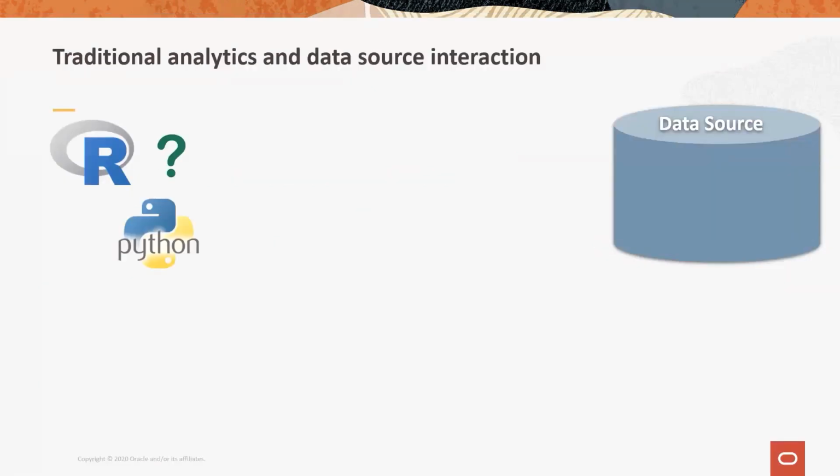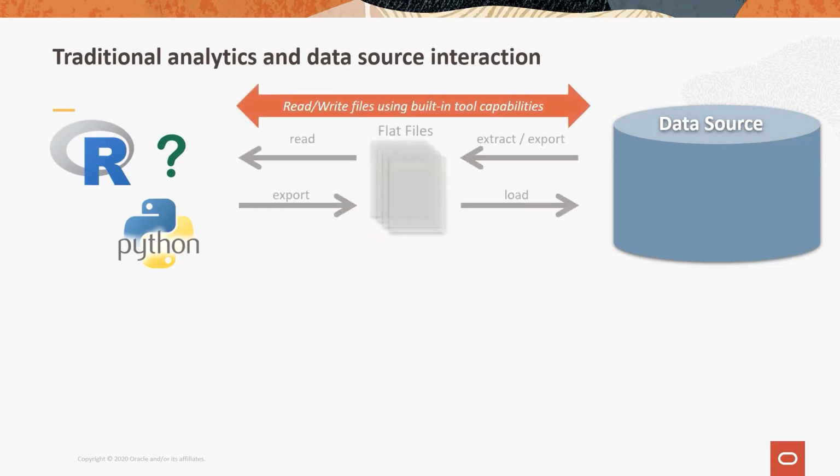Now, when talking about separate analytical engines, such as open source R and even Python, we can cast this specifically as what we might call traditional analytics and data source interaction. Open source tools like R and Python, and even proprietary tools, normally require users to request data extracts from data sources, and then load flat file data and push results back to the data repository.